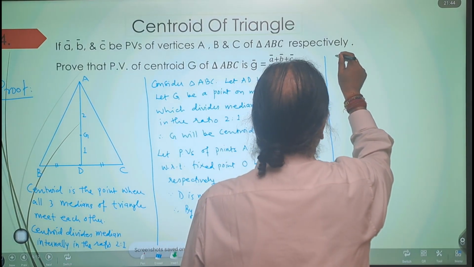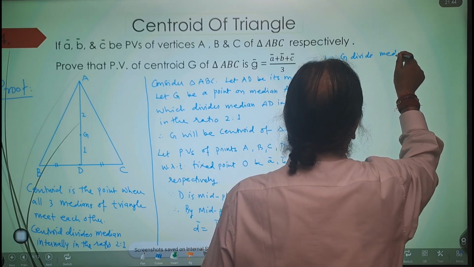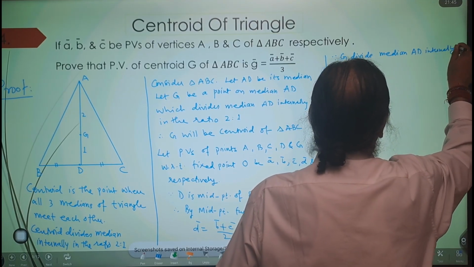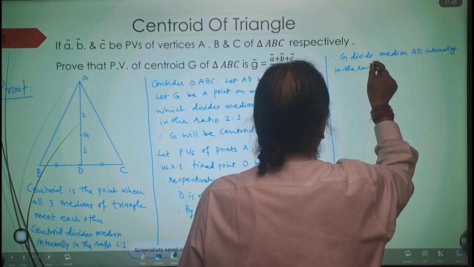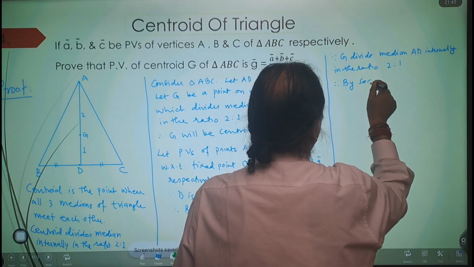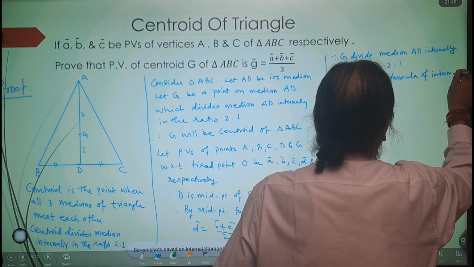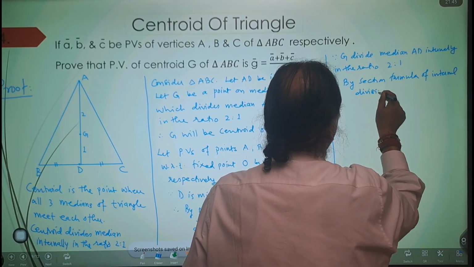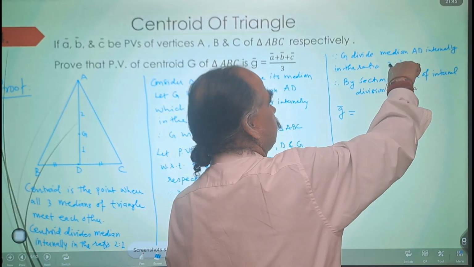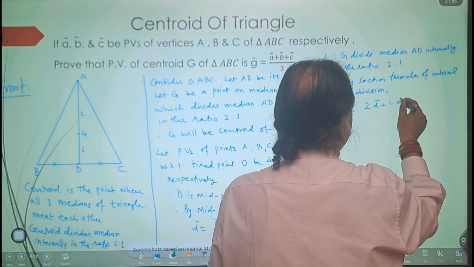Since G divides median AD internally in the ratio 2:1, therefore by section formula of internal division, position vector of G bar is what? 2 into D bar, second point of the segment, plus 1 into A bar upon 2 plus 1.